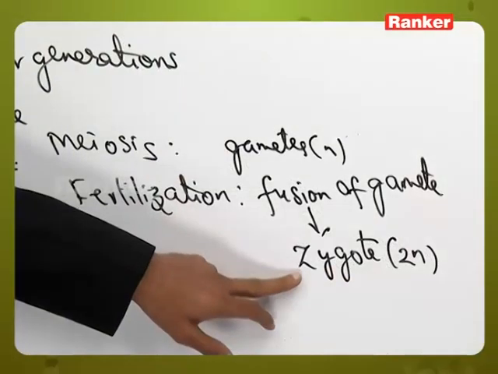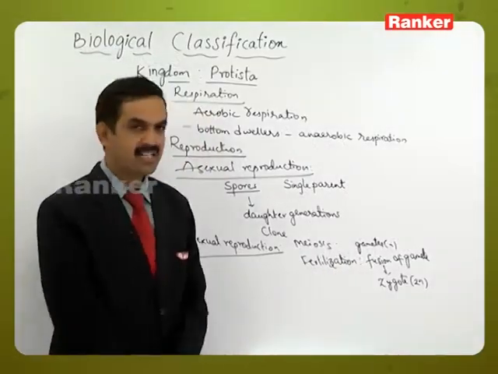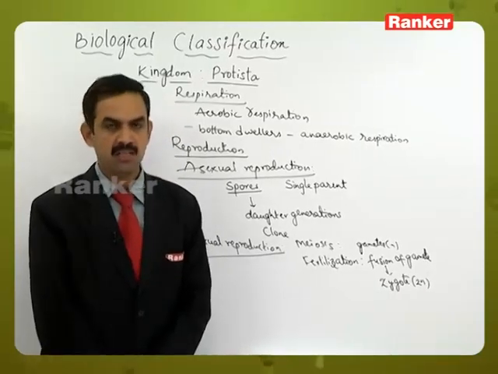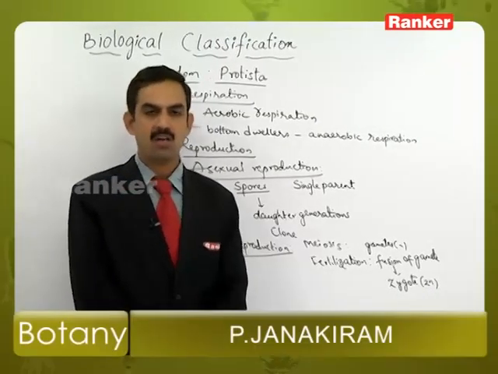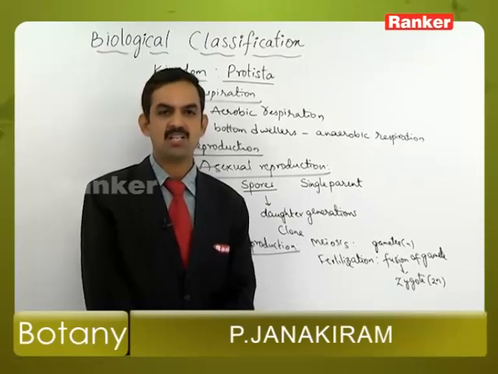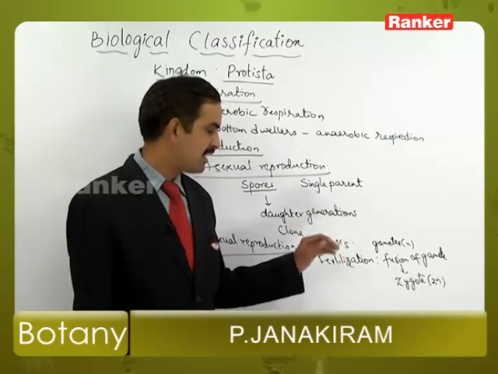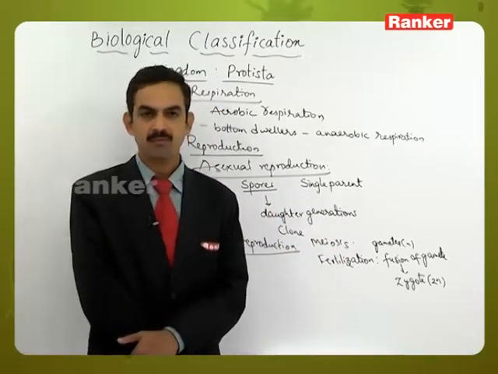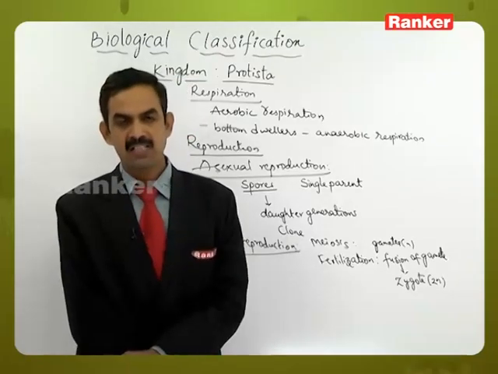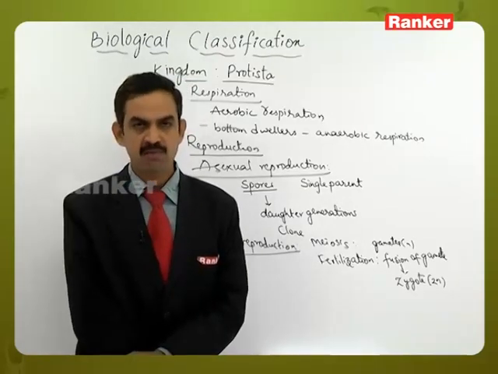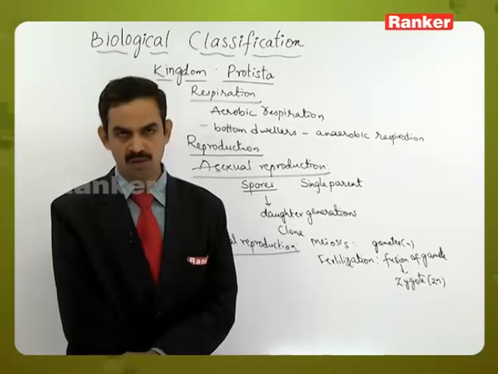So once the zygote is formed, this zygote may undergo either mitosis or meiosis depending upon the nature or ploidy of the plant body. If the protistan is a haploid one, the zygote will undergo meiosis. That's why we call it zygotic meiosis.